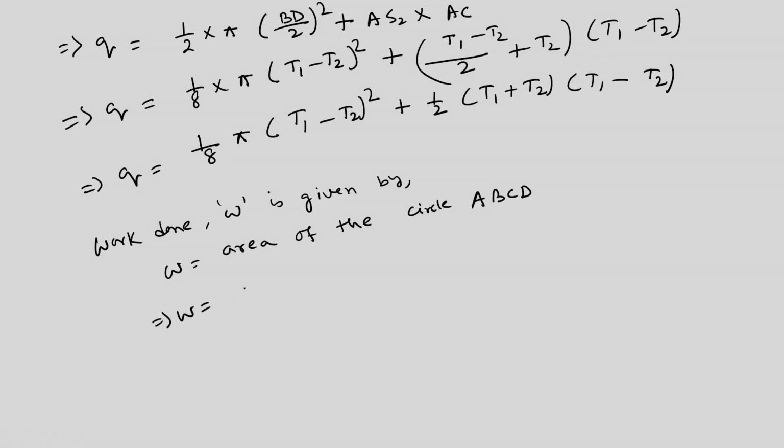You get W is pi times (BD by 2) to the 2. So, you get pi by 4 times (T1 minus T2) to the 2.